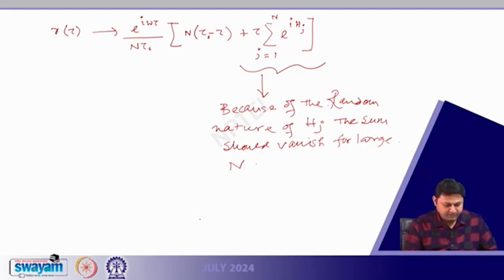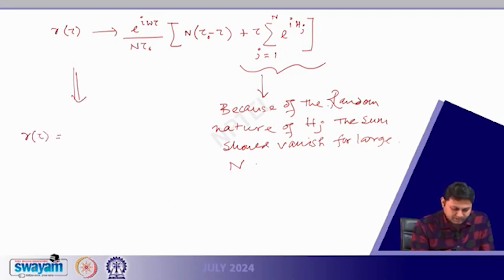If it does, then what value essentially we get? So if that is the case, then from here we can write gamma tau is essentially equal to e to the power of i omega tau divided by n of tau naught multiplied by n into tau naught minus tau.